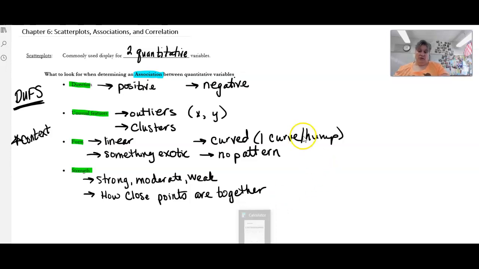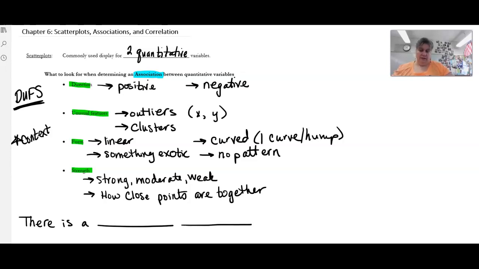Okay, we didn't do a sentence stem in class, but I'm going to do one now. I think that would be helpful. So, there is a blank association between blank and blank.